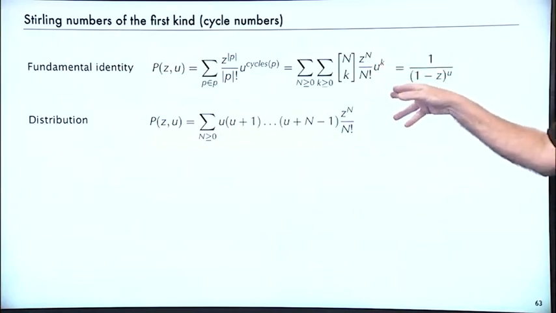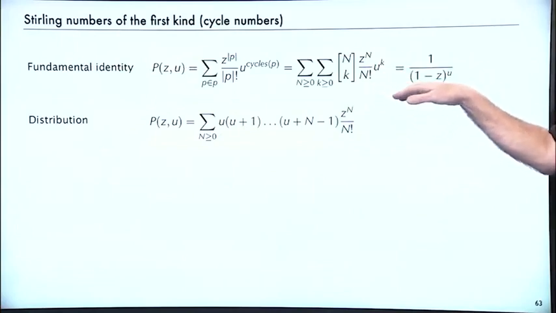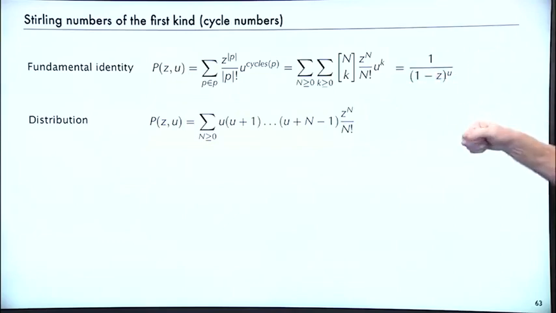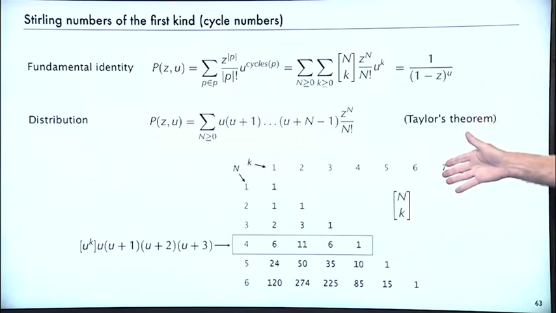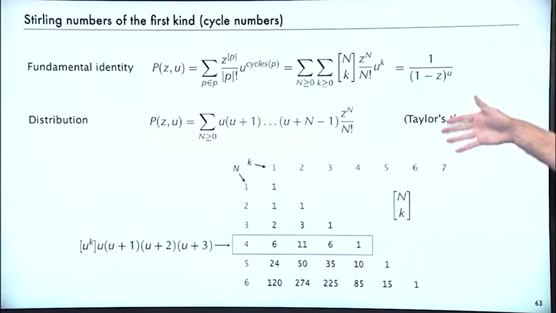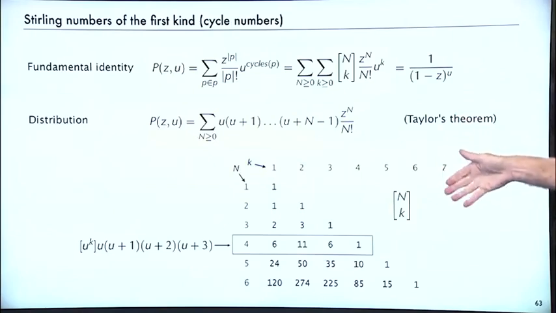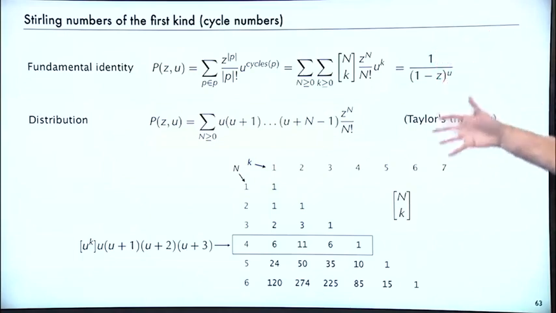So if you take that as a polynomial in u, the coefficients of that polynomial give you the Stirling numbers of the first kind. And you can also come up with a way to compute them and get a recursive formula like the basic formula for binomial coefficients and so forth. And we'll come back to some more details about this in part 2.